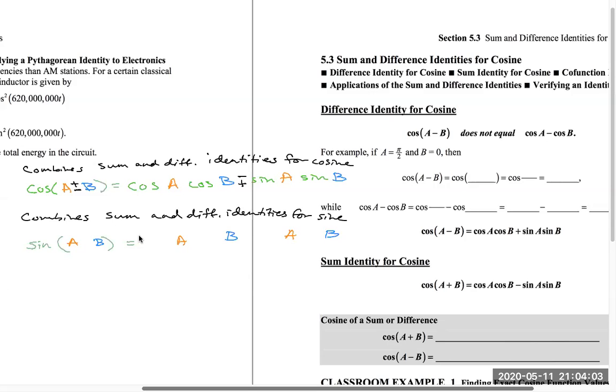Sine, cosine, cosine, sine. Okay. Put your plus minus here. The difference between cosine and sine for these identities, aside from the order of cosine A, sine B, and such, you're going to have plus match plus and minus match minus.